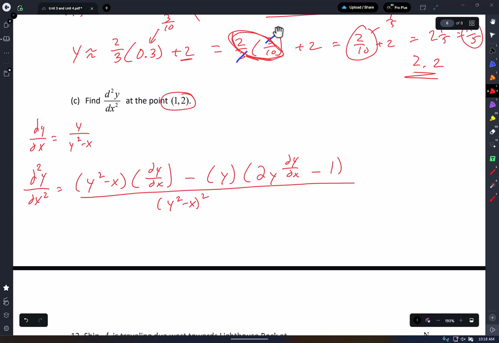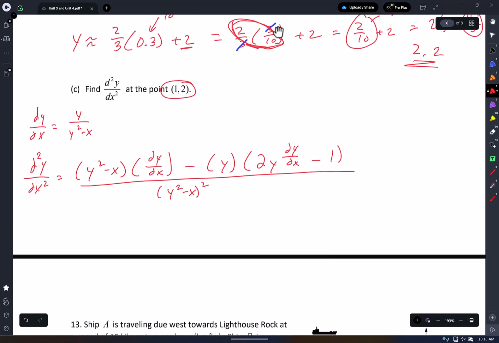All right, I don't see any issues. Let's just plug in numbers. So d squared y over dx squared evaluated at 1 comma 2. So remember y squared, y is the y value. 2 squared is 4, 4 minus 1 is 3.